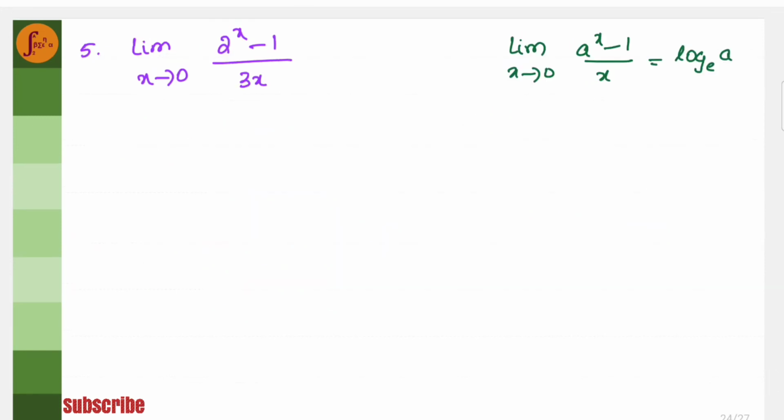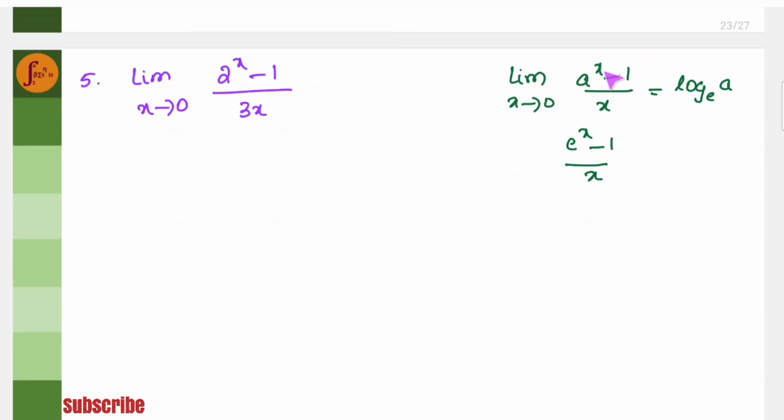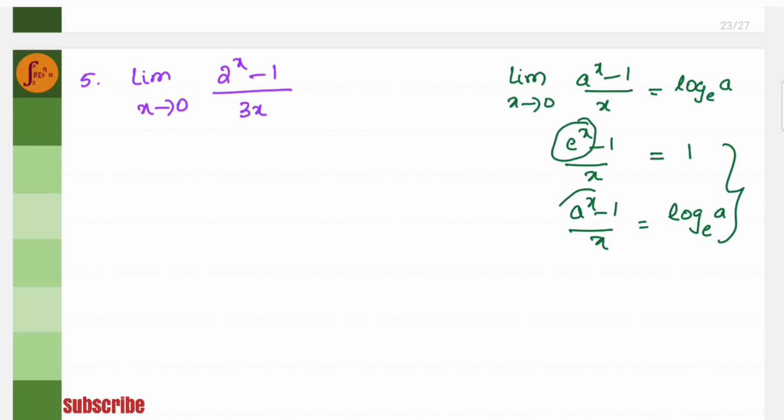So let's take another example here. (2 to the power x minus 1) by 3x. This is exactly the same as the earlier one where we had (e to the power x minus 1) by x. Here it is a to the power x. So when you have e to the power x, the value is 1. When you have a to the power x, it is log a to the base e. Remember this pattern. This pattern has e to the power x, and this is the same thing but with a to the power x.